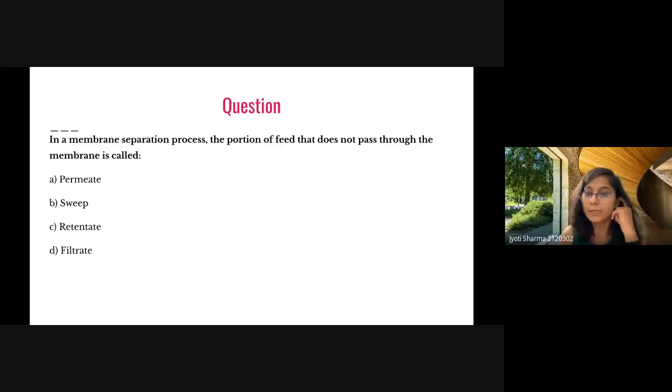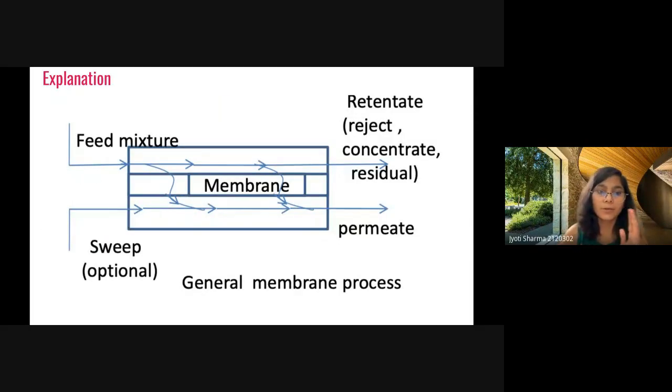Let me see. So I got C answer. So yes, retentate comes from retention. So which is retained, which is not passing out, right? So this will be known as the retentate. So we have some terminologies here. We have feed mixture.